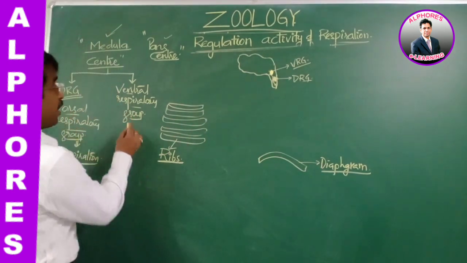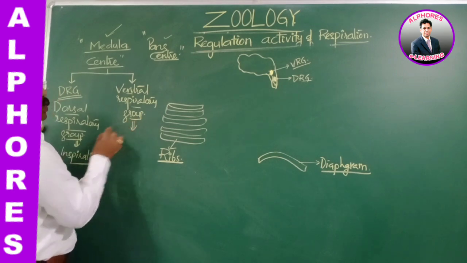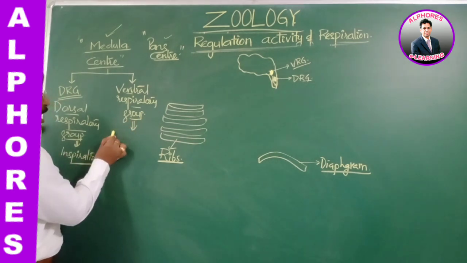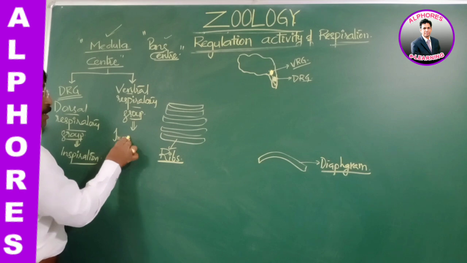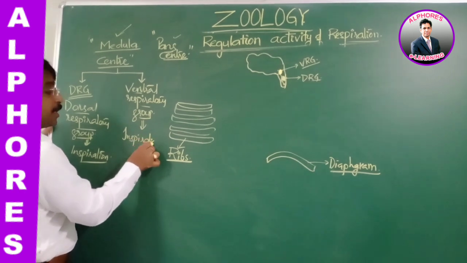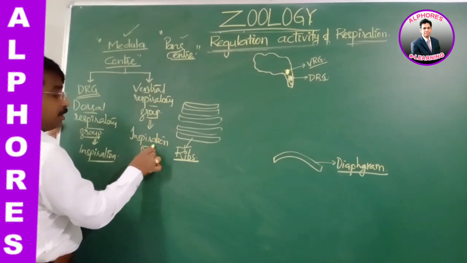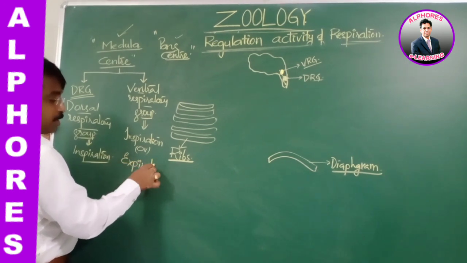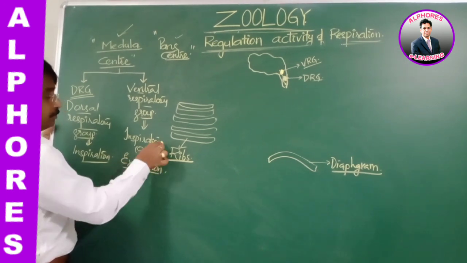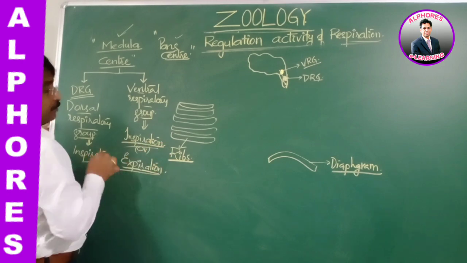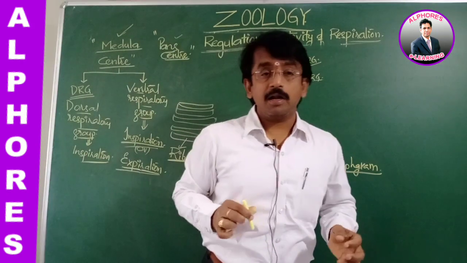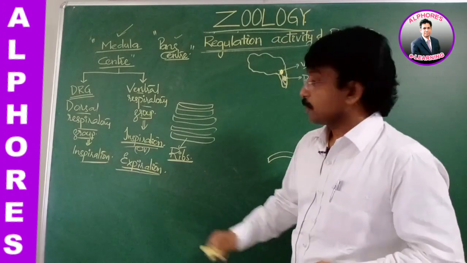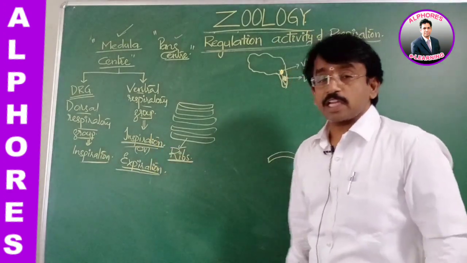In the same way, the ventral respiratory group is for either inspiration or expiration.